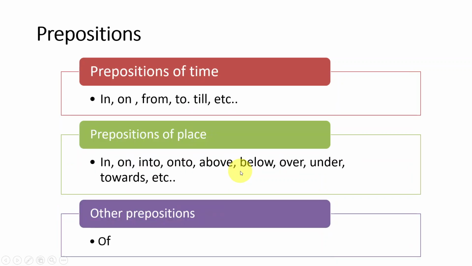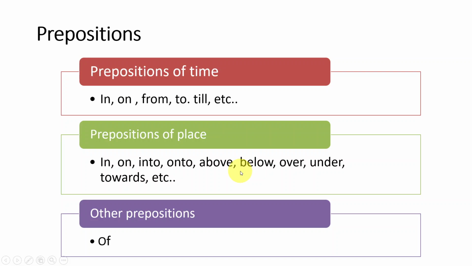Then we have the prepositions. Prepositions are used to combine words to make them more meaningful. Top of the table, inside the room, from 10 a.m. to 11 a.m. Those are prepositions. We can categorize prepositions into two main categories: prepositions related to time and prepositions related to places.